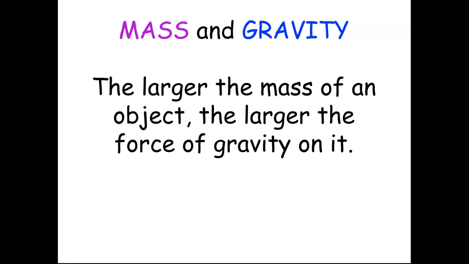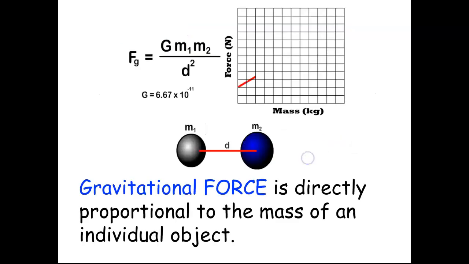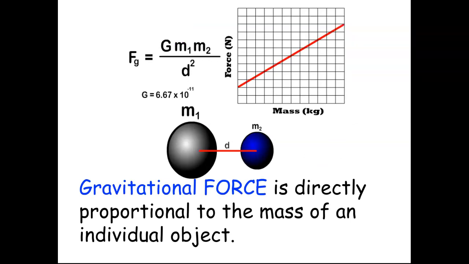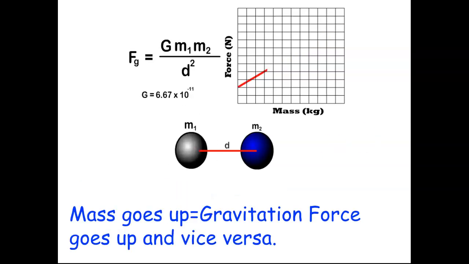The smaller the mass, the smaller amount of gravity. So there's a direct relationship between gravity and mass. You increase mass, you're going to increase the gravity. And this force caused by gravity is called weight. So weight is the force of gravity on mass. Mass goes up, the force due to gravity goes up.